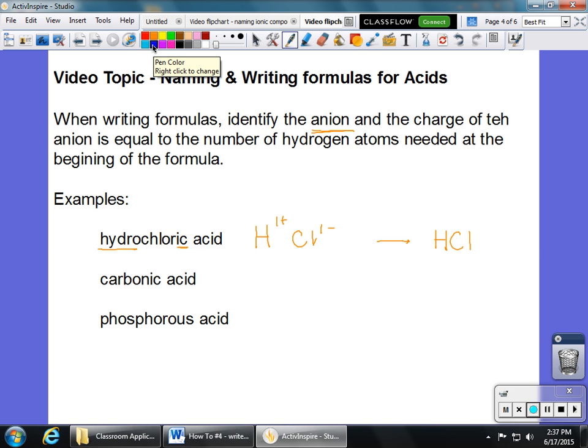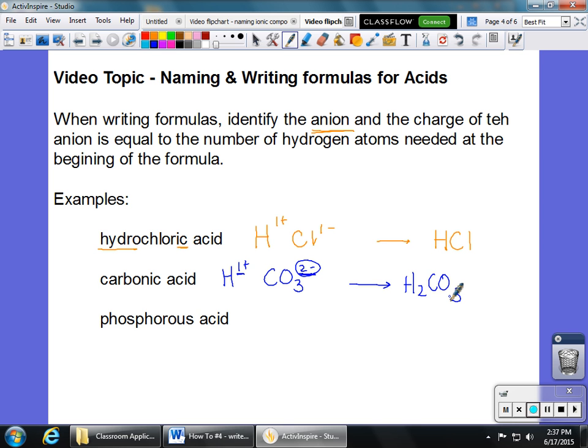Carbonic, it doesn't have the hydro prefix in front of it, so this means it came from carbonate. Carbonate is CO3, 2 minus. Since hydrogen is still a 1 plus ion, now since we need a 2 minus and a 2 plus to make it neutral, the charge of the anion, that numeric charge, is the number of hydrogens needed, H2CO3.